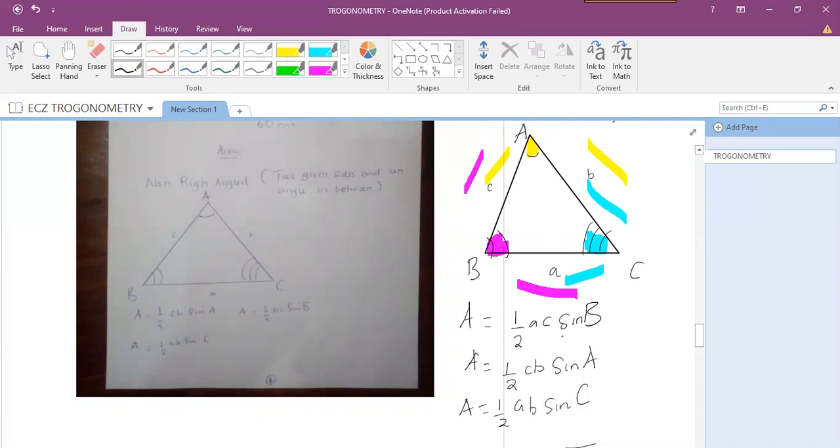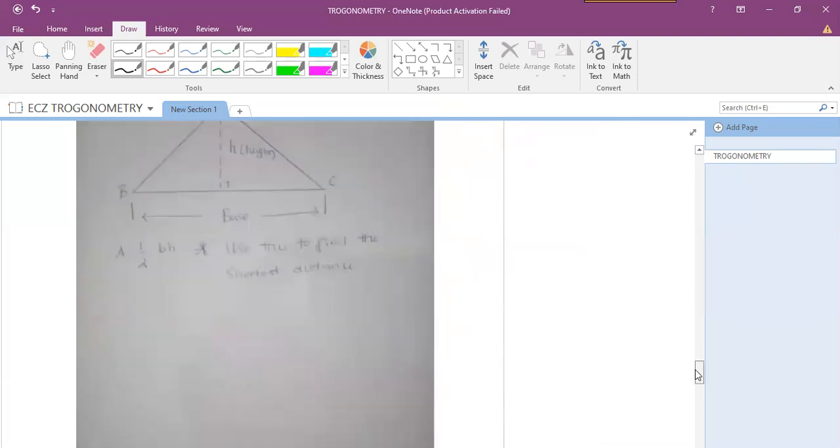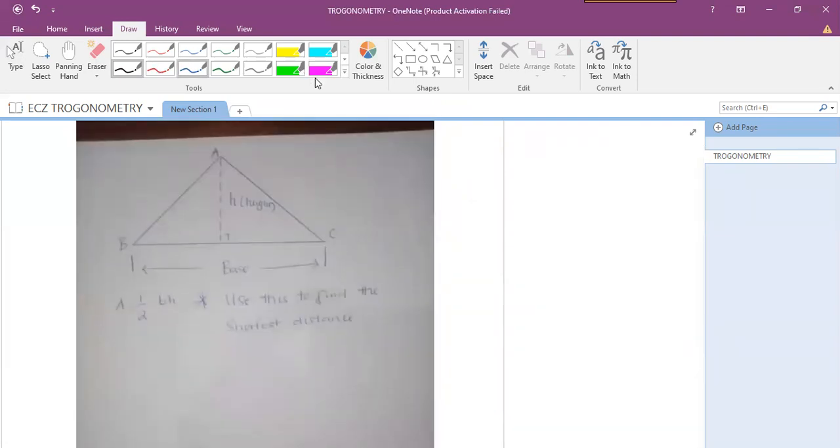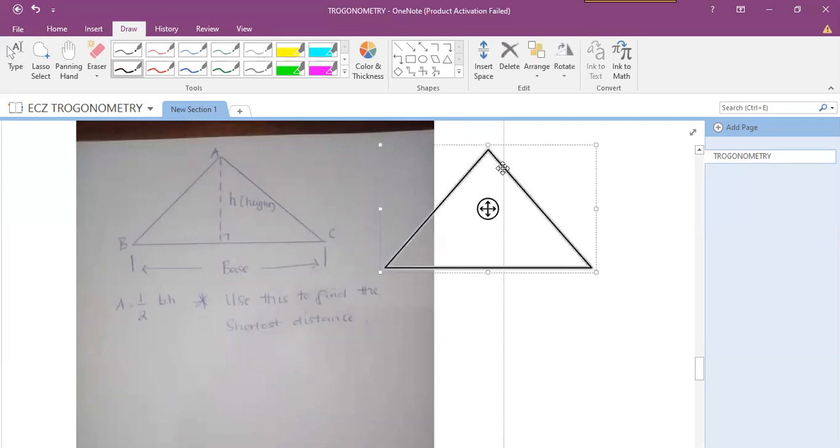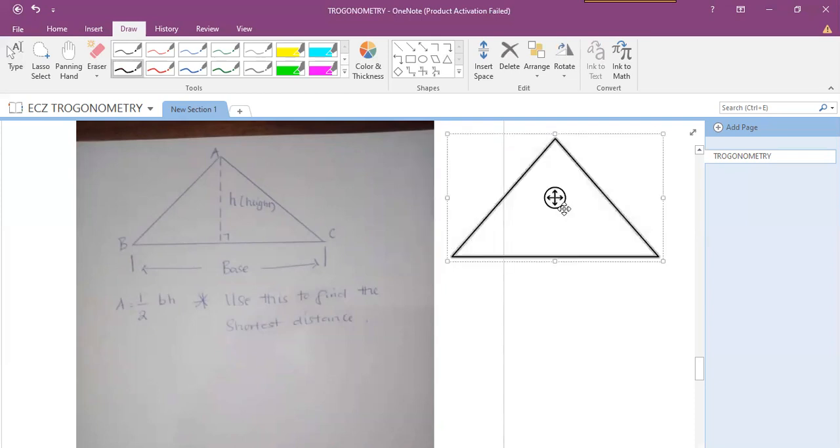So exactly the same. You're going to have one angle with two given sides. And then another scenario, this one is extremely important. Every time in trigonometry, you will always be required to find the shortest distance. Calculate the shortest distance to the town, something, something.